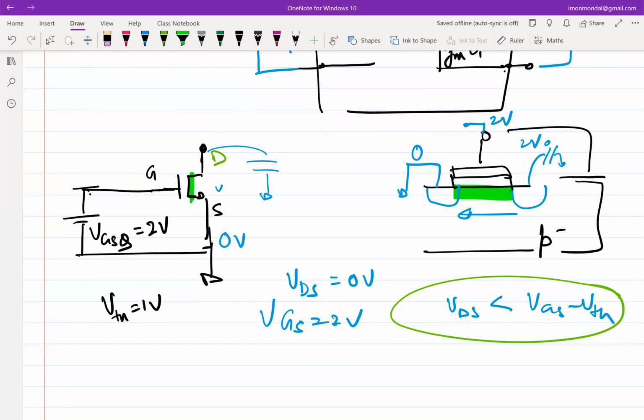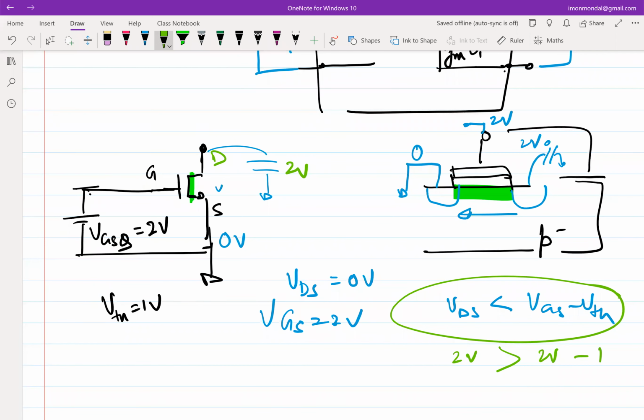So let's assume this. When you started off at t equal to 0, this was at 2 volt, and in this particular situation, what is the condition of operation? It's in saturation because your VDS is 2 volt, and VGS is 2 volt minus threshold voltage of 1 volt. So clearly this is saturation.